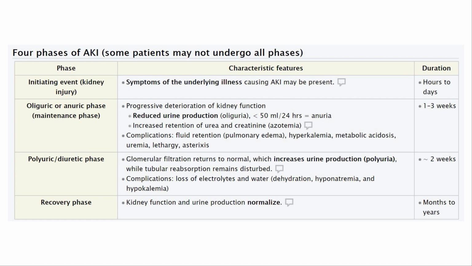You'll see someone has a high potassium, then you'll see that their creatinine's high, and you put 2 and 2 together and know that it's happening in the kidney. Then everything goes back to normal and they have an increased urine production, and then eventually it all gets better.